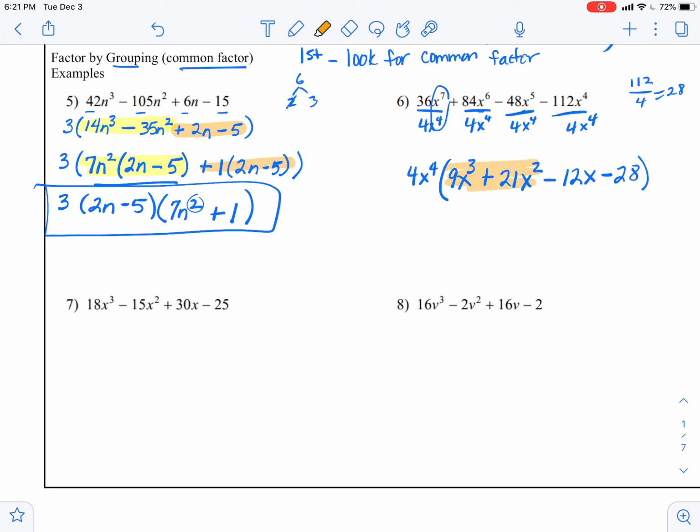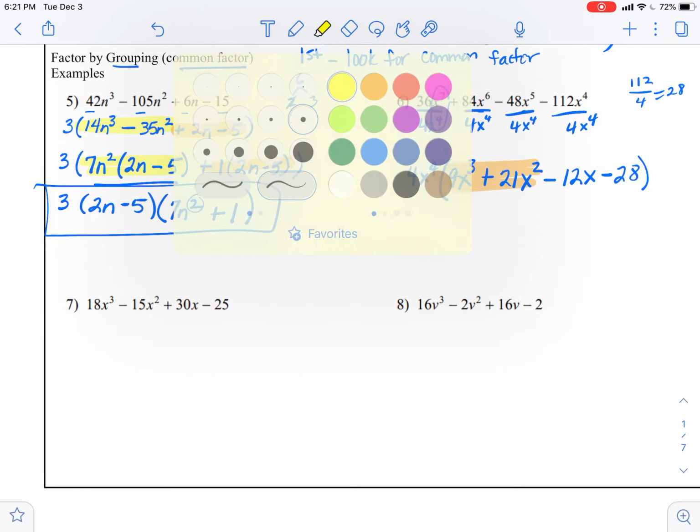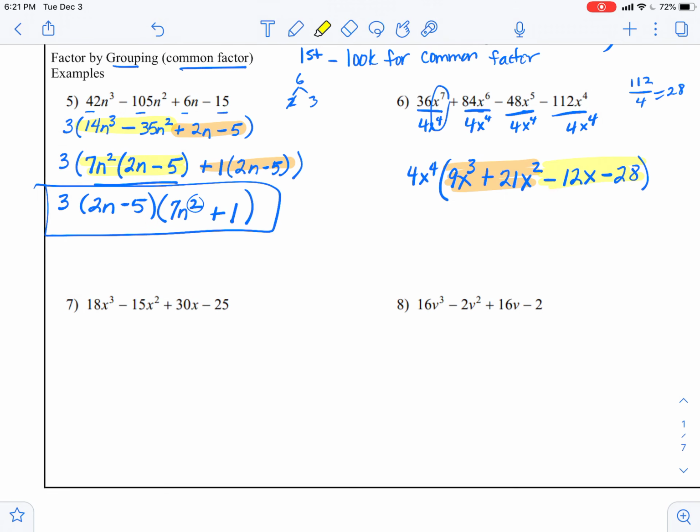Okay, so here is my first grouping, and here is my second grouping. Okay, so the 4x to the 4th hangs out, and now I'm going to see if there's something that goes into 9 and 21. And that's 3.